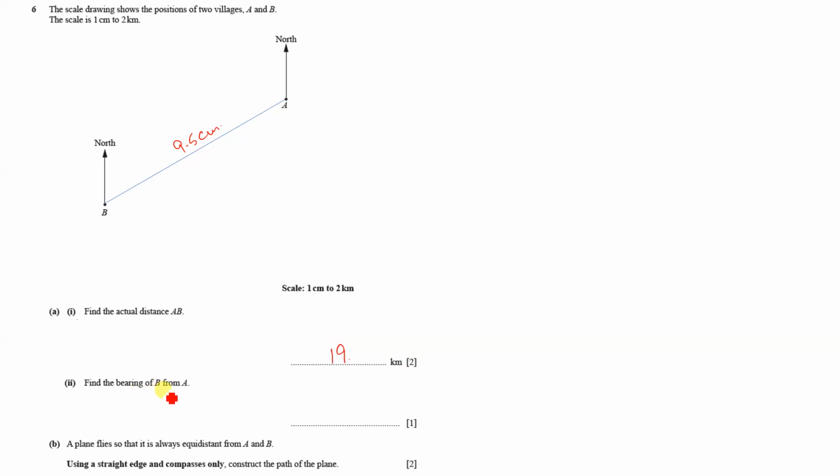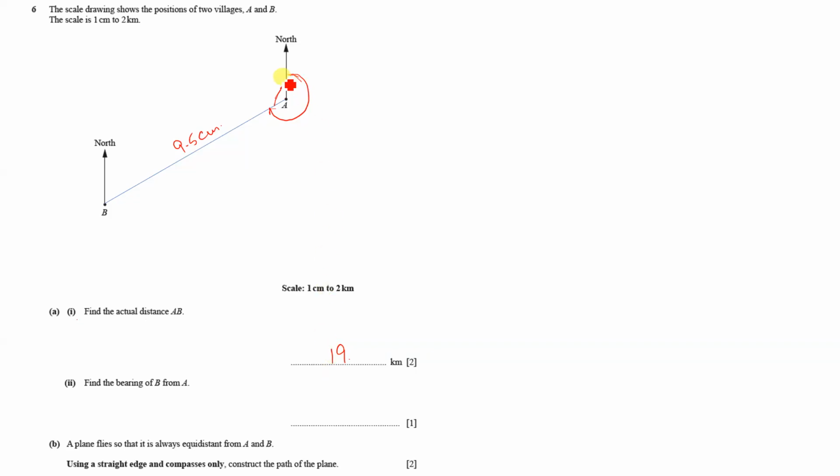Find the bearing of B from A, and for this you need to measure this angle, and the bearing will be 360 minus this angle, that is from north clockwise to this angle. This is the bearing angle.